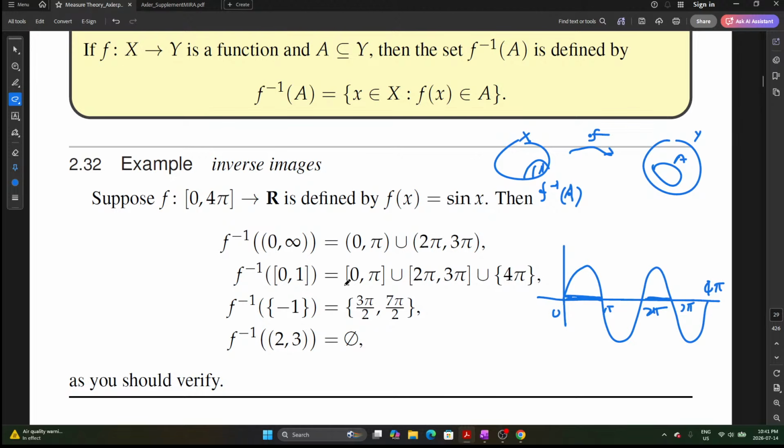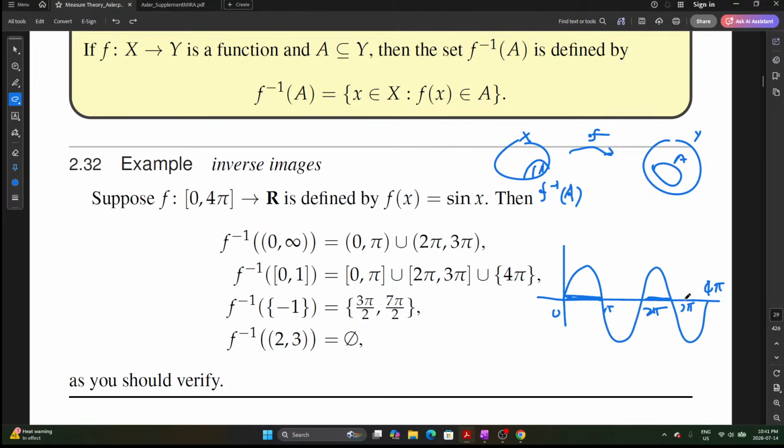The inverse image of 0 to 1, closed interval. Because when f of x is positive, it is less than or equal to 1, it contains the values of x between 0 and pi, closed interval in this case because of the closed interval sign here, and closed interval here.